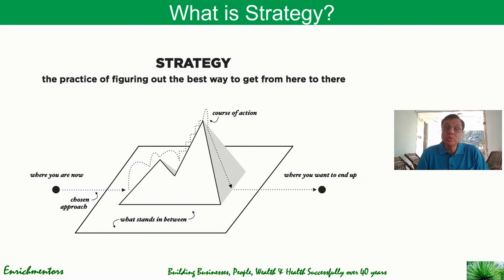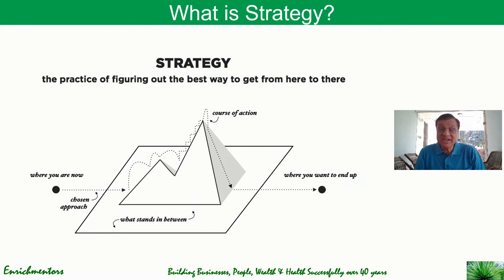What we need to do is find a course of action that can overcome that obstacle, what stands between where we are and where we want to reach. So it's a chosen path. It's a practice of figuring out the best way to get from here to there. Please remember the best way. Strategy is not simply finding a cumbersome, hard, difficult to achieve, costly way, but a best strategy is one that gives you the best way to achieve that.